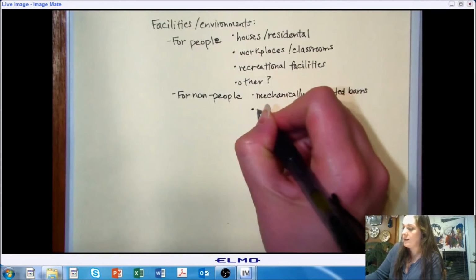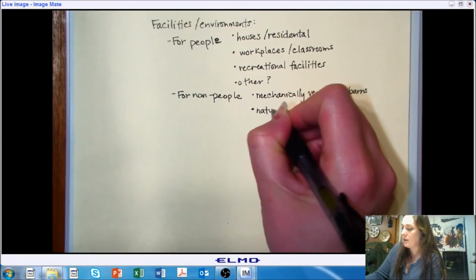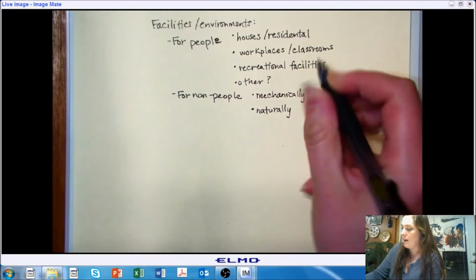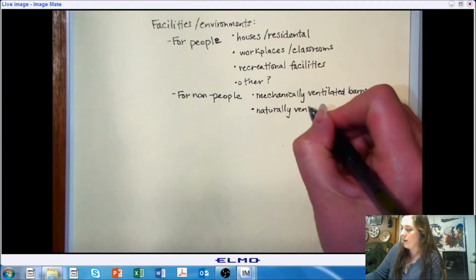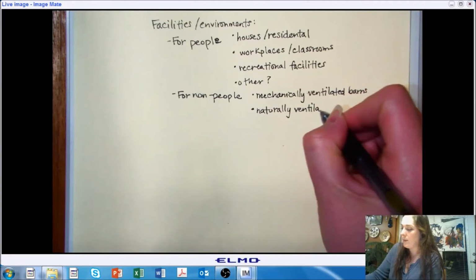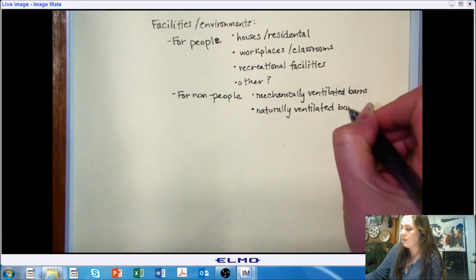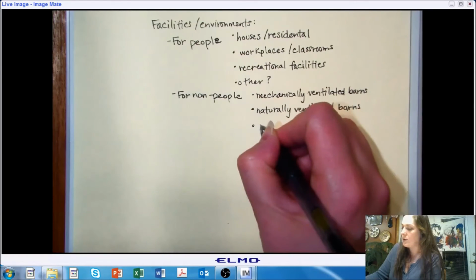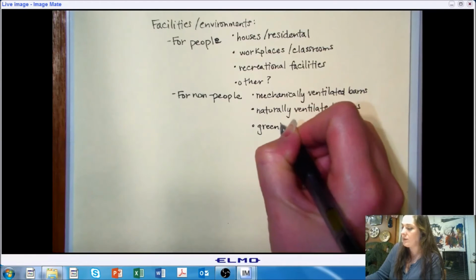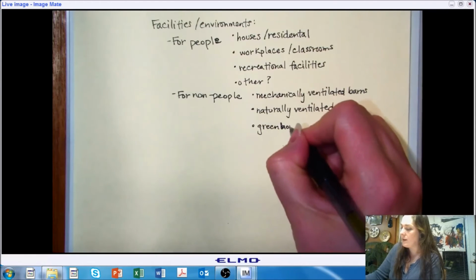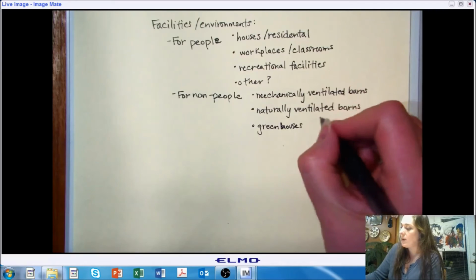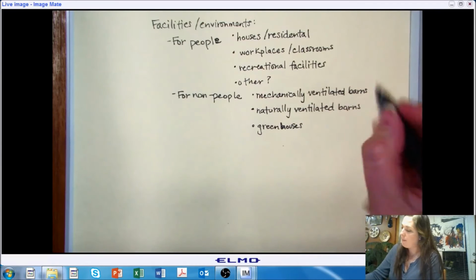We could look at naturally ventilated barns. And these are going to be for animals, but we can also have similar type facilities for plants as well. So I'm just going to lump those together for greenhouses, but those could be greenhouses. Those could also be mechanically or naturally ventilated.